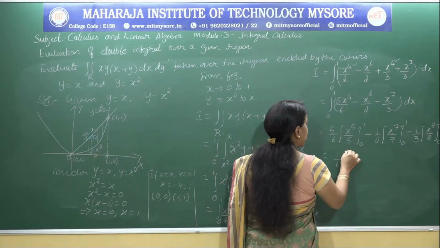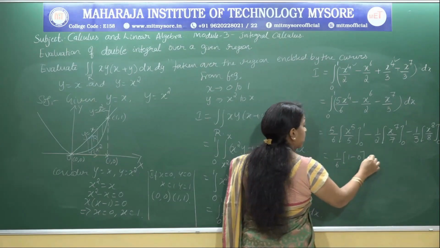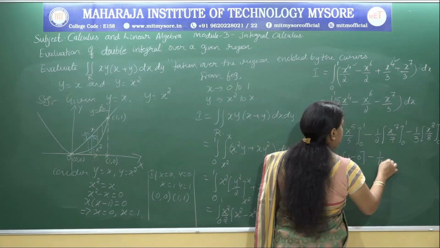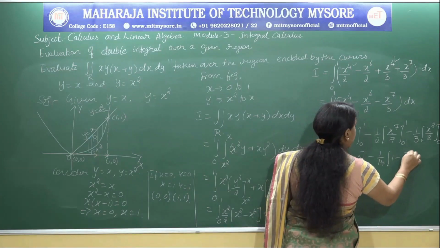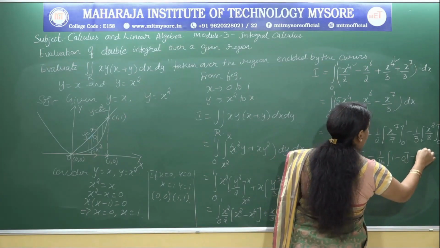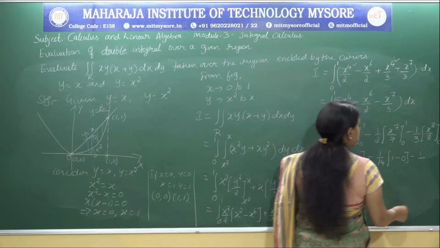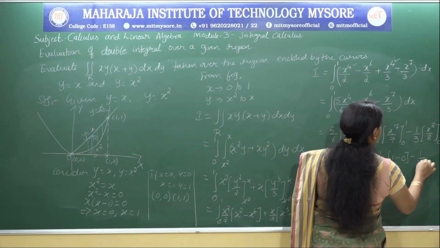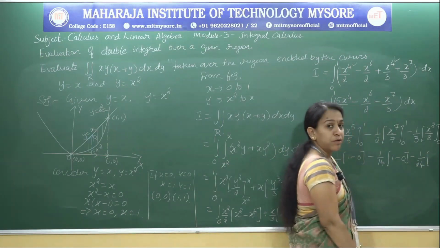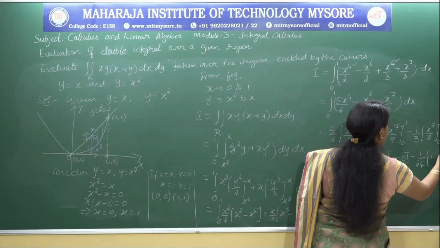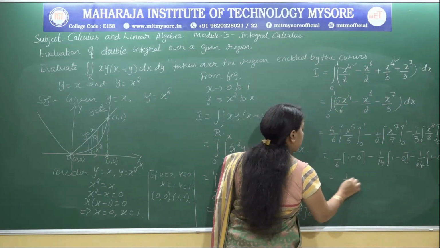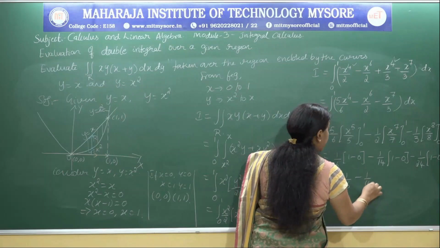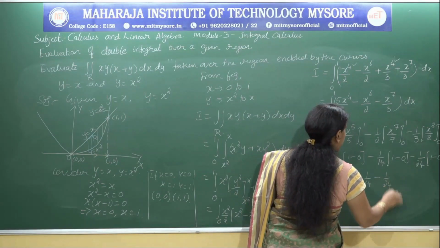So 1 by 6 into 1 minus 0, minus 1 by 14 into 1 minus 0, minus 1 by 24 into 1 minus 0. So we remain with 1 by 6 minus 1 by 14 minus 1 by 24.